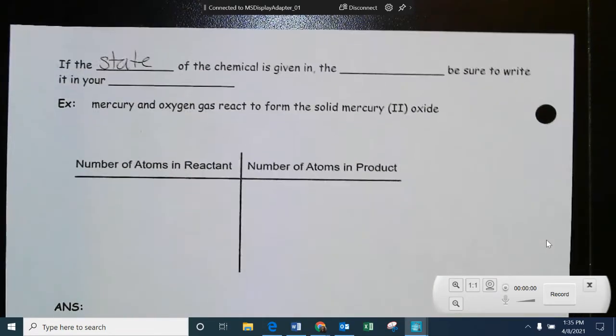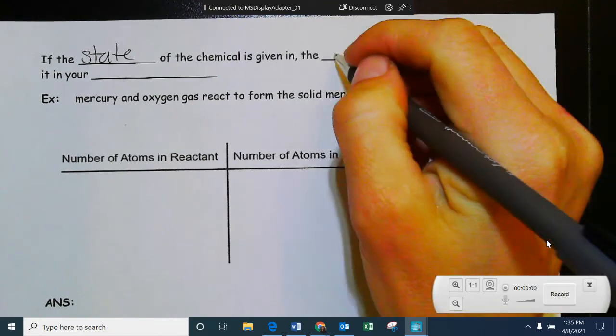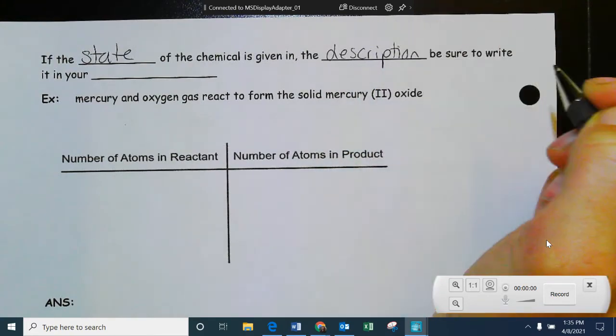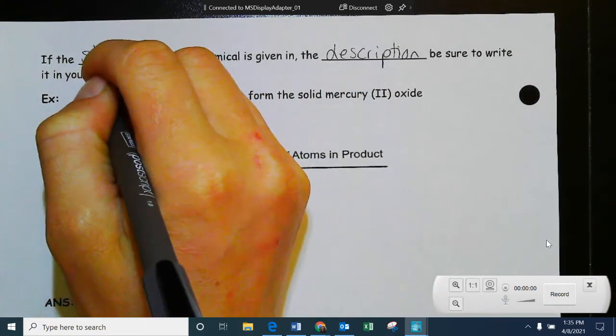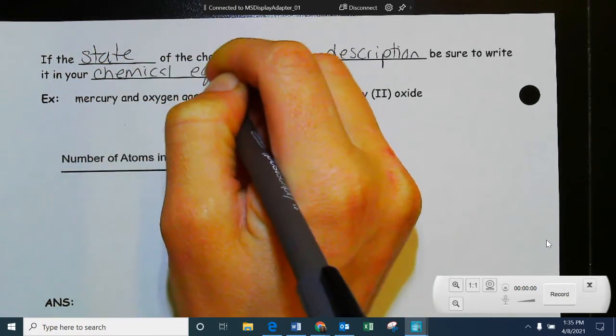All right. So, if you are given the state in the word problem, or the description, make sure that you include it in your chemical equation.